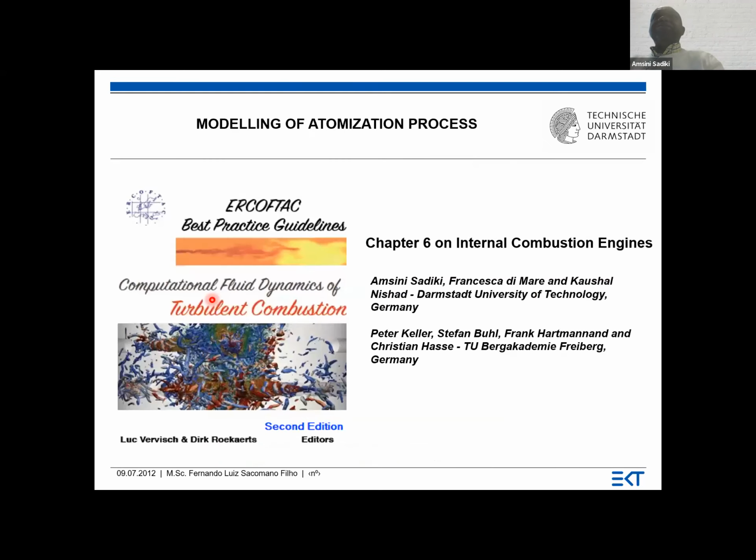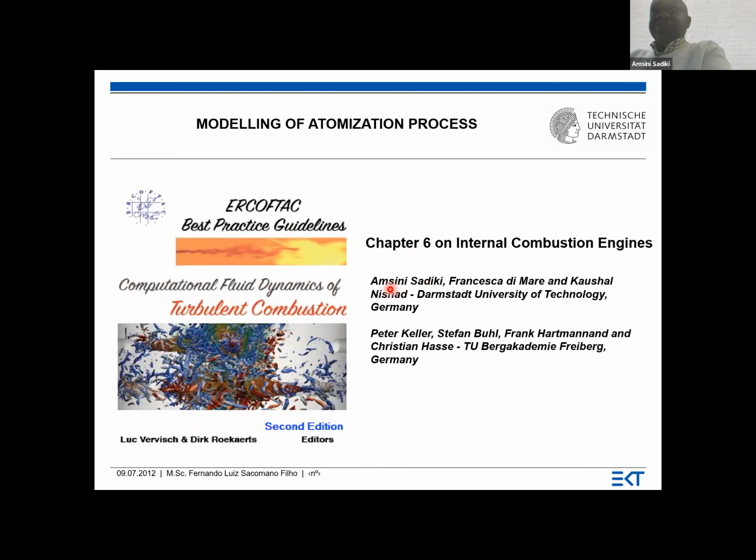Now it is time to see how we can model this atomization process so that we can use this model in the codes to carry out engineering-oriented simulation models. I refer to this book by Luc Vervisch and Dirk Roekaerts, in which we contributed chapter 6 on internal combustion engines.